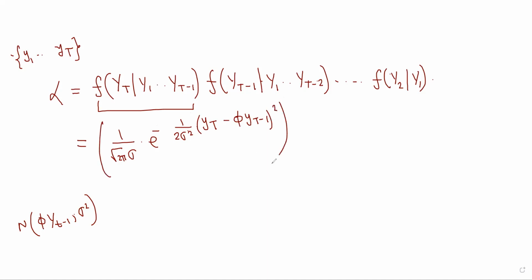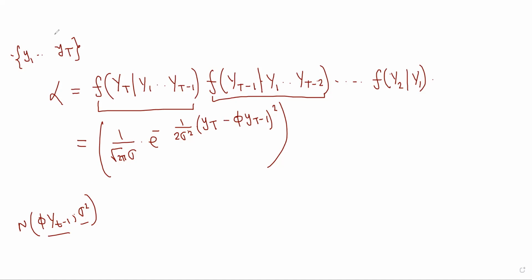That's for the first term. This is the density function of a normal with this mean and this variance, and these are your observations.